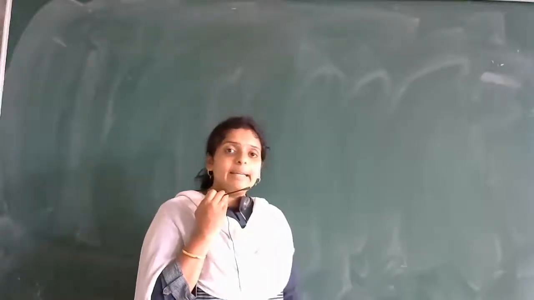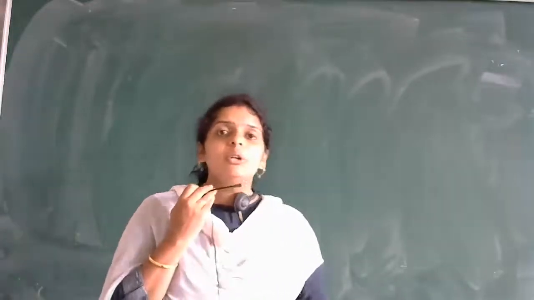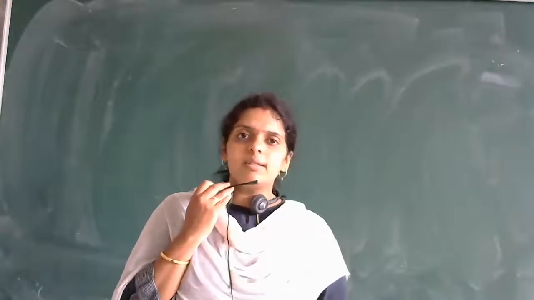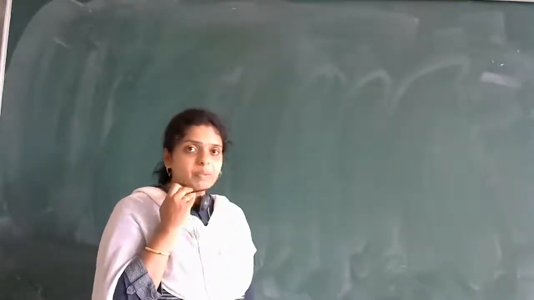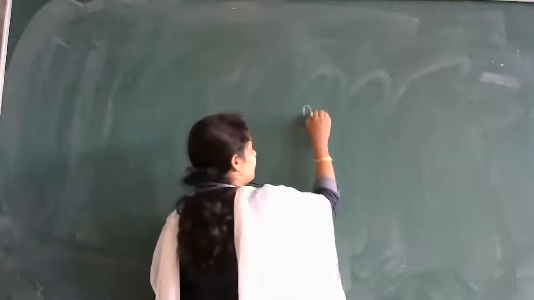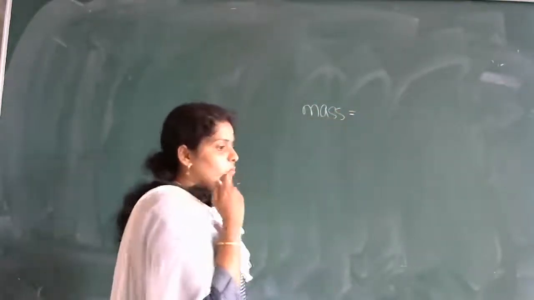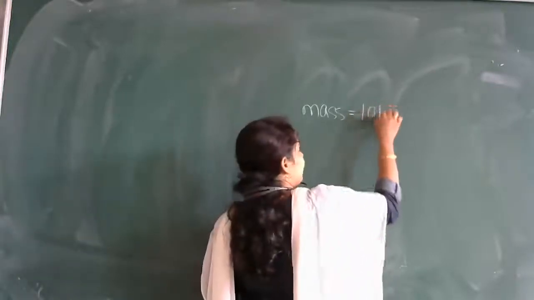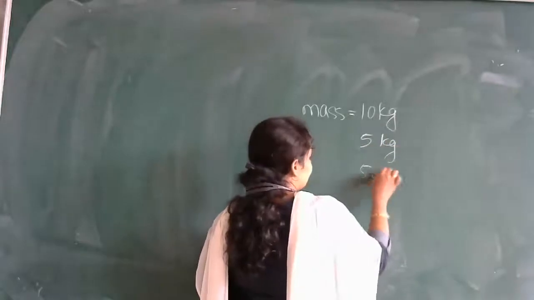As you know, any physical quantity consists of two terms. What are the two terms here? One is a number. For example, mass is a given physical quantity. How do you measure this mass? We say 10 kg, 5 kg, whatever it is.